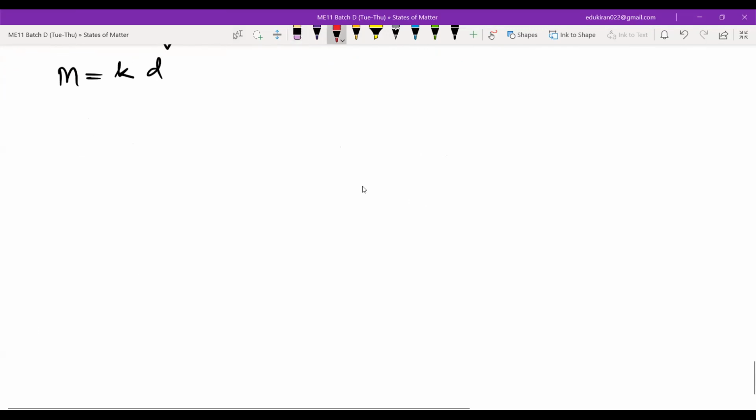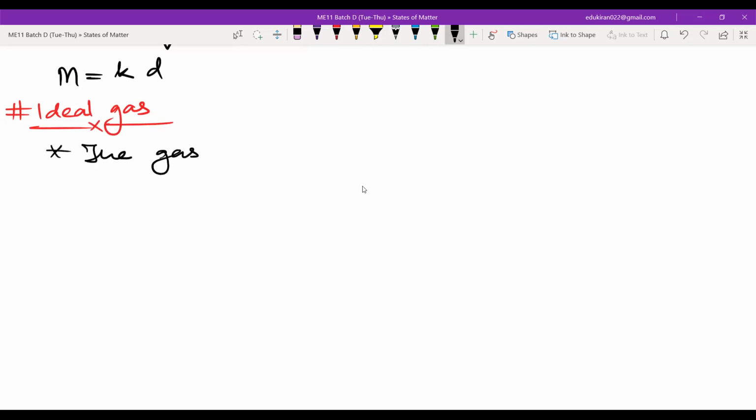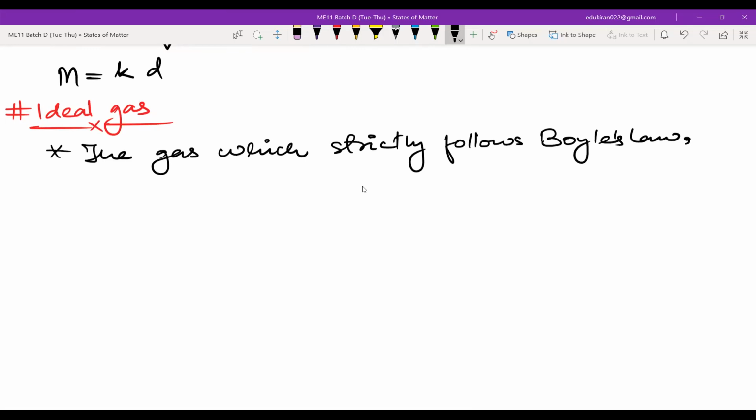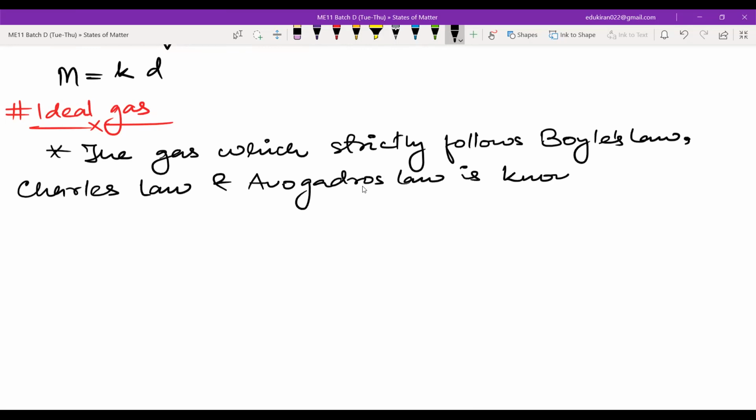All right, ideal gas. The gas which strictly follows Boyle's law, Charles' law, and Avogadro's law is known as an ideal gas.